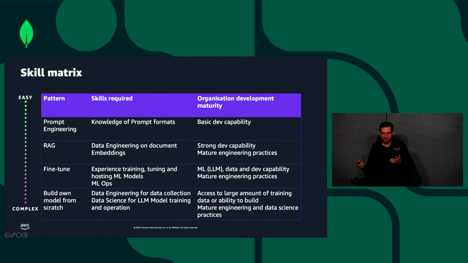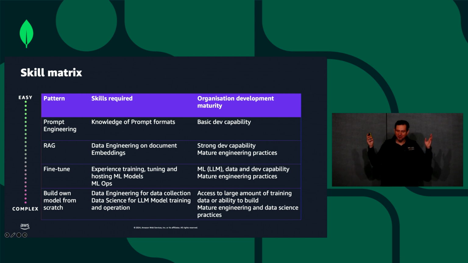In terms of skills, I said your dog can do prompt engineering, but there are some sophisticated techniques, actually. RAG is primarily data engineering. For fine-tuning, you need some machine learning skills. MLOps is needed. You need to track the model performance, the metrics, and which data set went into the model.